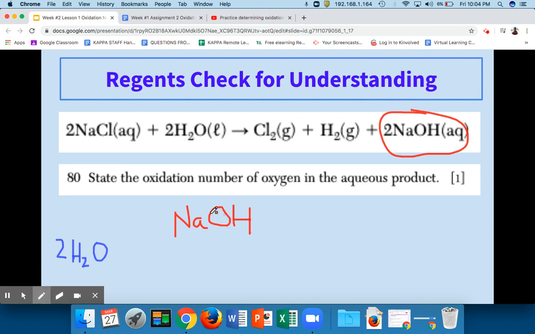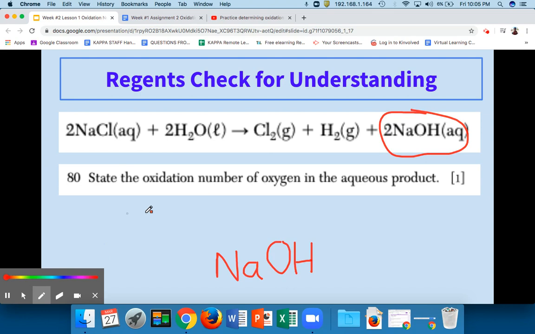So what are our rules? So using my rules, I know that hydrogen is always a +1. I know that sodium, Na, is in group 1. So look at your rules.